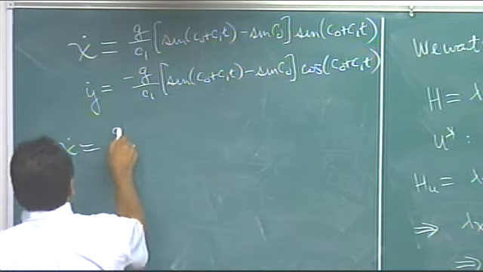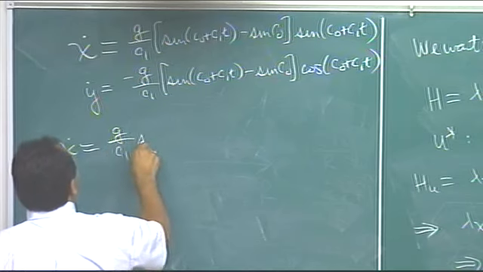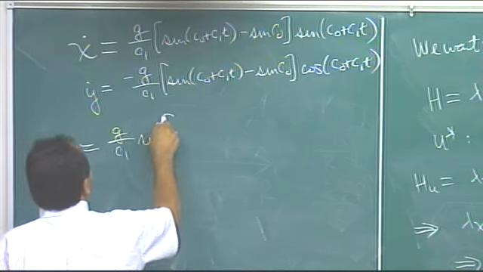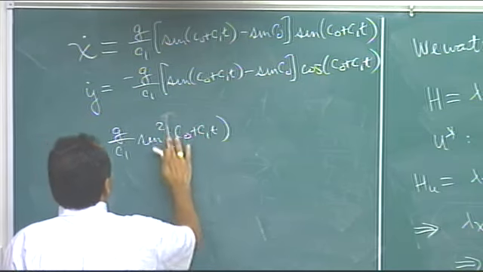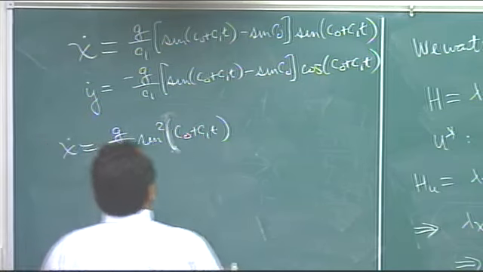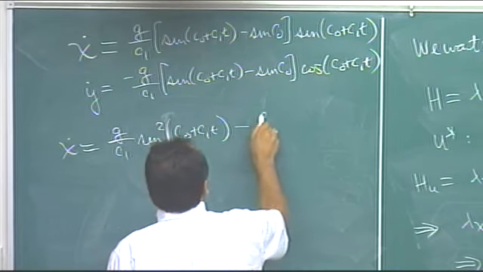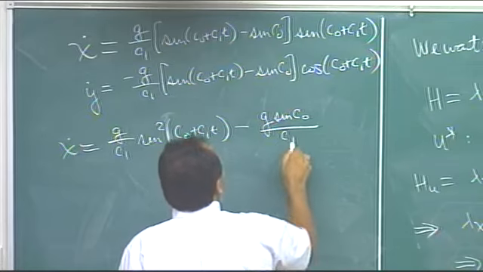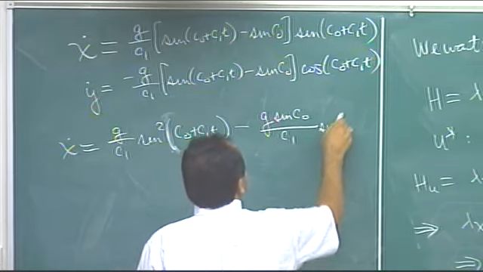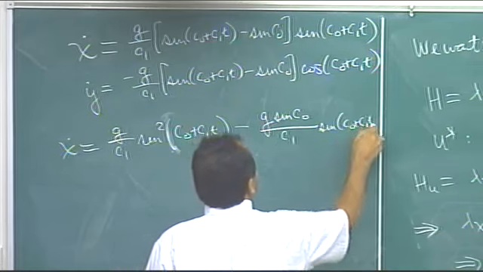I get g over c1 times sine squared of c0 plus c1t, and then minus g sine of c0 over c1 times the sine of c0 plus c1t.